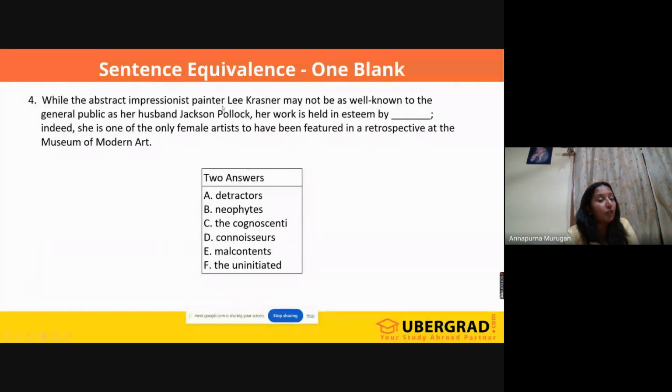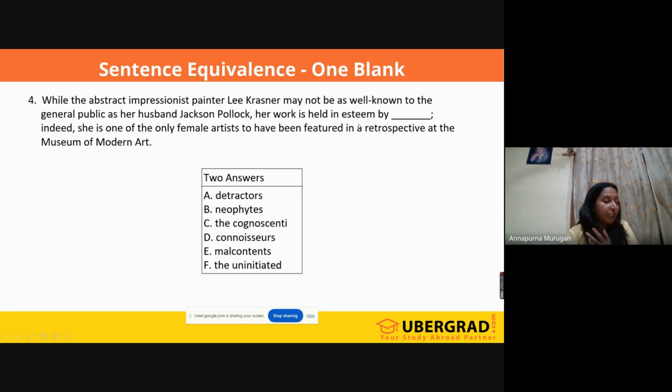So this Lee may not be very well known as a husband, but we have one transition word. Even though she is not well known, something positive is here. After the comma we have: her work is held in esteem.